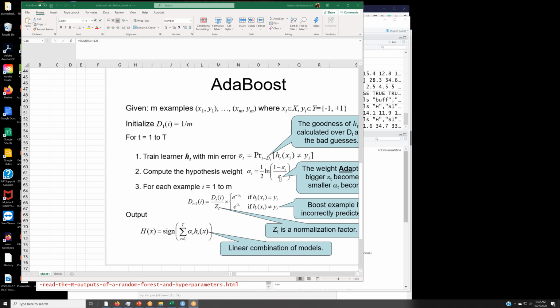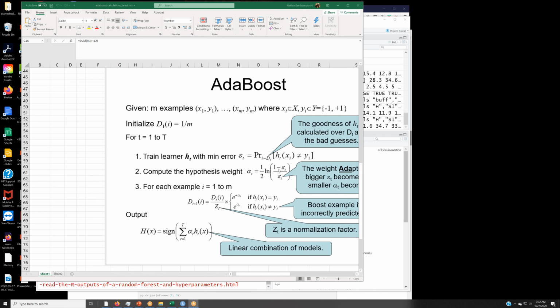The logarithm of odds can be negative, based on the ratio. Remember, if epsilon t is smaller than 1 minus epsilon t, that means you have done a good job, though some misclassifications are there. Epsilon t means error; 1 minus epsilon t means not error, right?